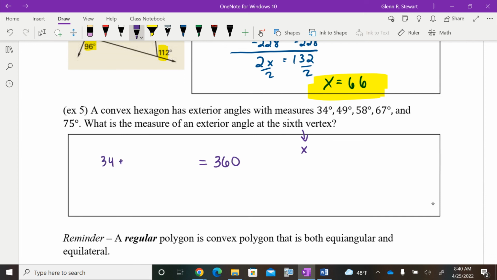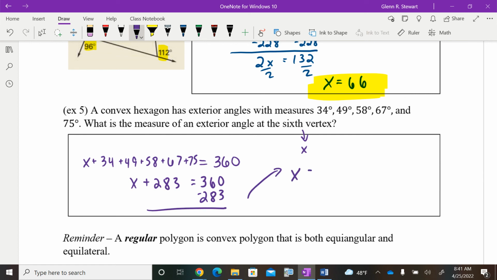We've got 34 plus 49 plus 58 plus 67 plus 75, and then, of course, plus X. The sum of the known angles is 283. So X plus 283 is equal to 360. Now let's subtract 283 from both sides, and we'll end up with X being equal to 77.